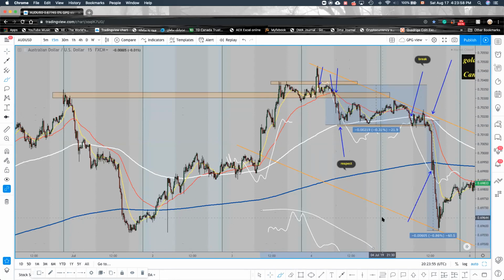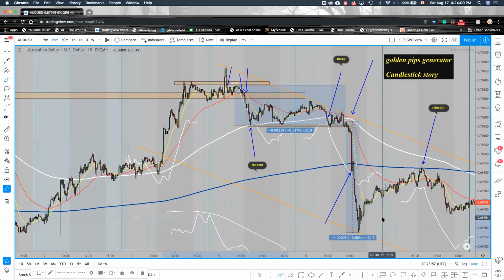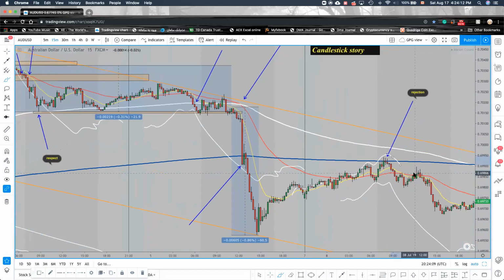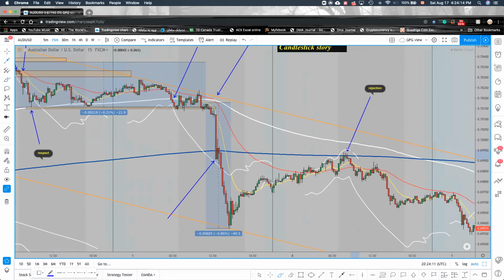If you could see this, which is right here, it respects the 800. Price comes up, forms a setup, leaves a wick at the 800 moving average, and then you can use different kinds of candlestick confirmation here. One is rejection here, but let's say you could have trusted it because of the cross of 14 and 50.